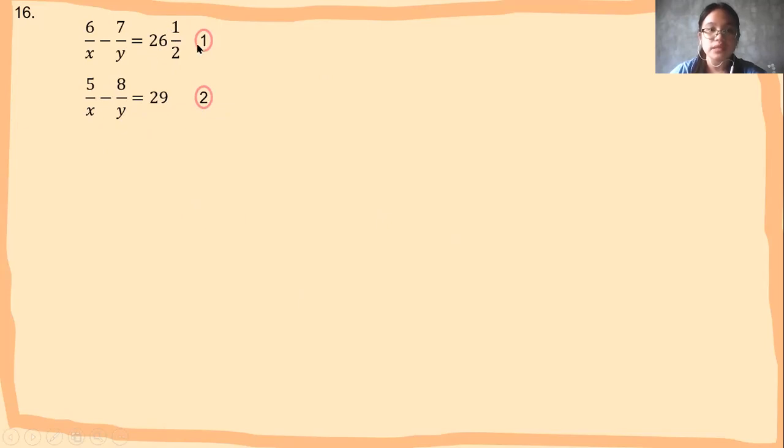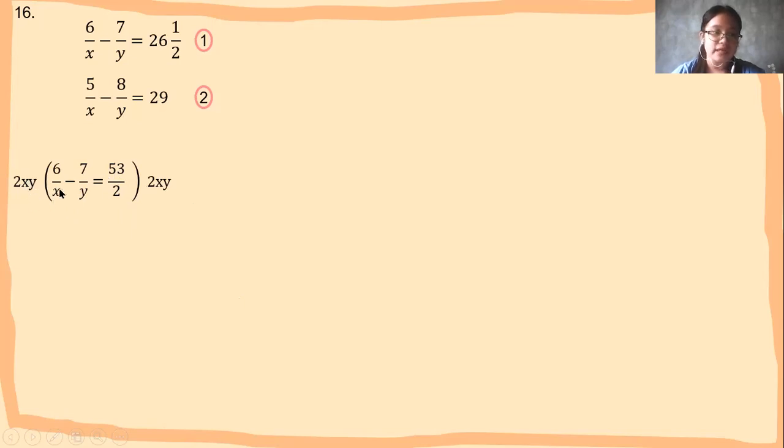So let's make 26 and 1/2 into an improper fraction, and it will become 53 over 2. So let's find the LCD, which is 2xy. Let's multiply both sides by 2xy. So 2xy divided by x is equal to 2y.